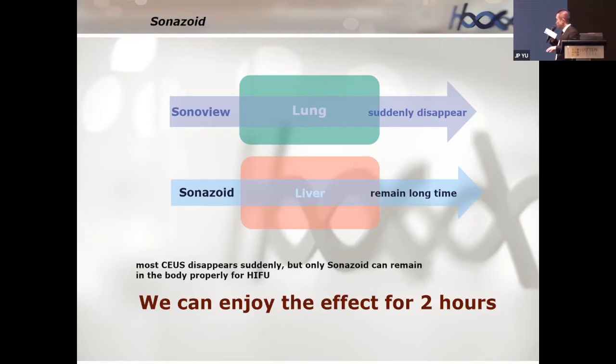So Sonazoid remains in the body relatively longer. In my experience, we can enjoy the HIFU enhancing effect for about 2 hours. After 2 hours, the effect suddenly disappears. But 2 hours is enough time to treat uterine fibroid or uterine adenomyosis.